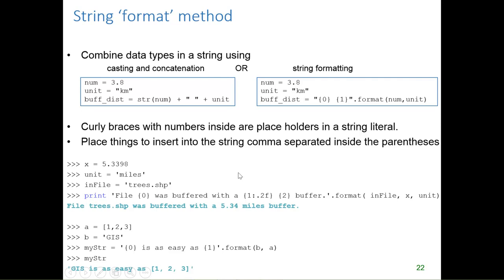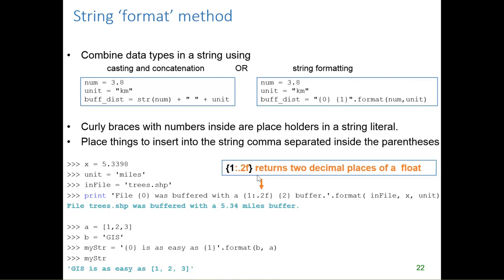There's something a little special in that second one, which is the colon point 2f. You can put that in if you want to specify the number of decimal places to show. That'll give you 5.34; it rounds to that place and puts that in for you.